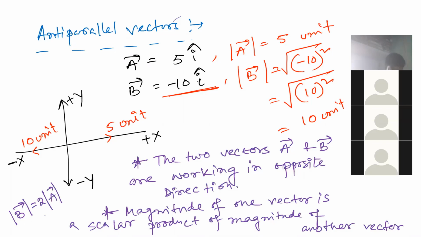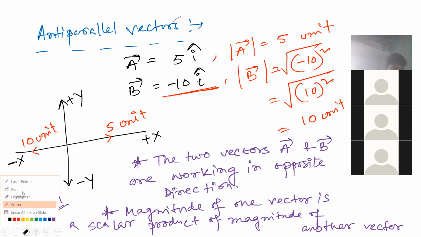the magnitude of B vector is equal to twice the magnitude of A vector, right? Here I have just written magnitude of B vector equals twice the magnitude of A vector, because B vector is 10 units, which is 2 multiplied by 5, right? Because the magnitude of A vector is 5.